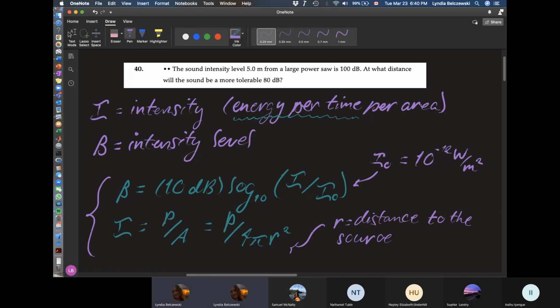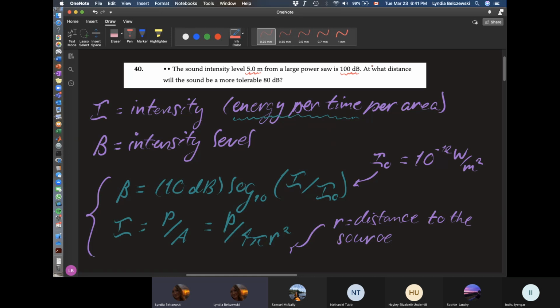And so what we can do is use this first bit of information that they've given us, being 5 meters away, and at that distance it's 100 decibels. We can actually use that to find how much power is output from the machine, from the power saw.